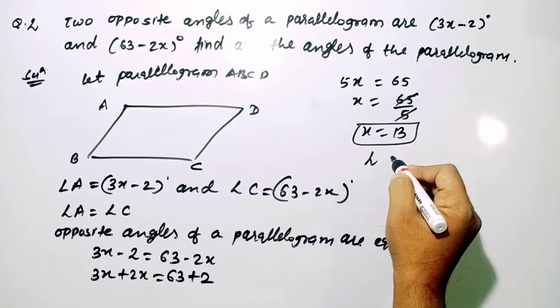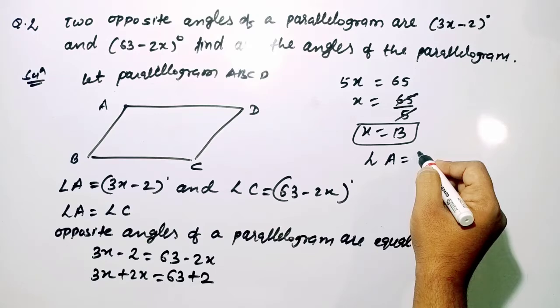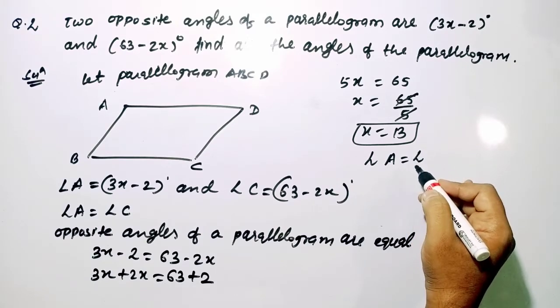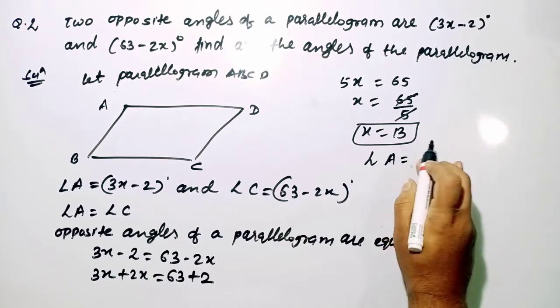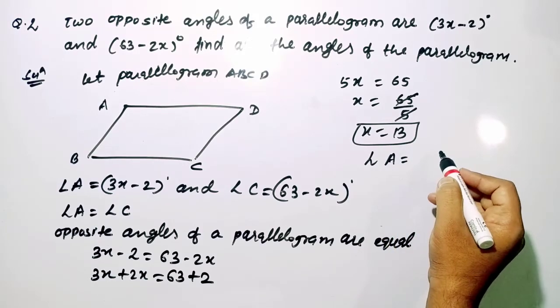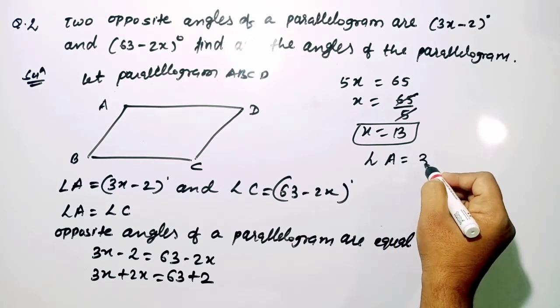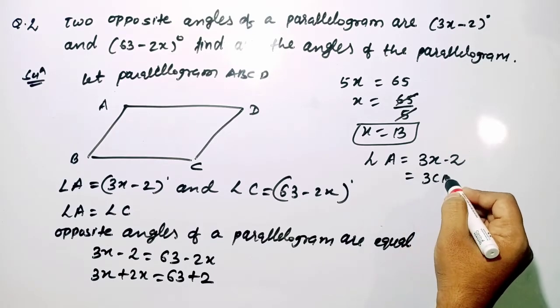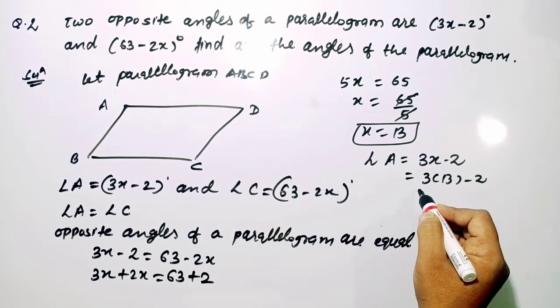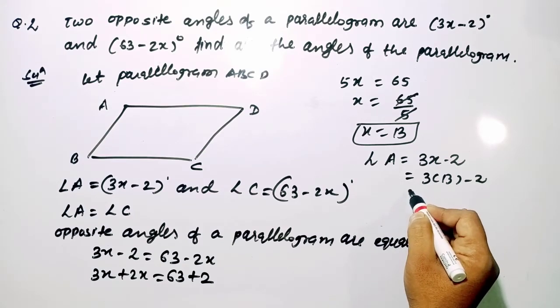Now finding angle A, which is 3x minus 2, because angle A is equal to angle C. Substituting the value of x, 3 into 13 minus 2, 39 minus 2 is equal to 37.